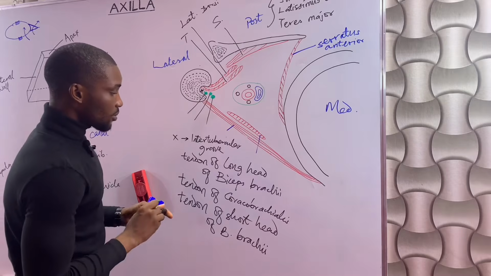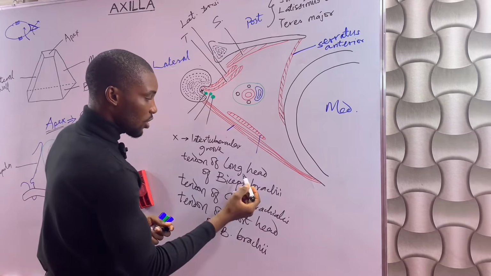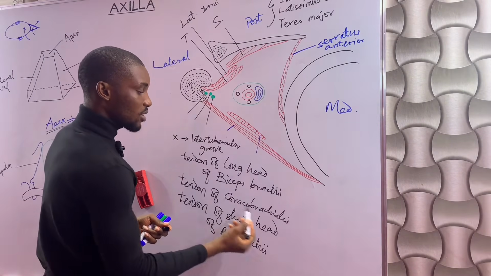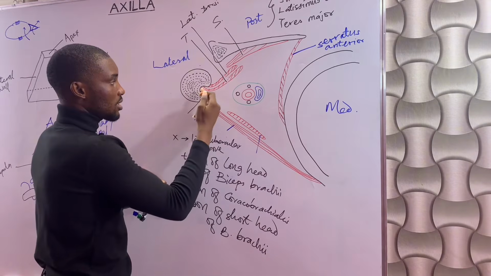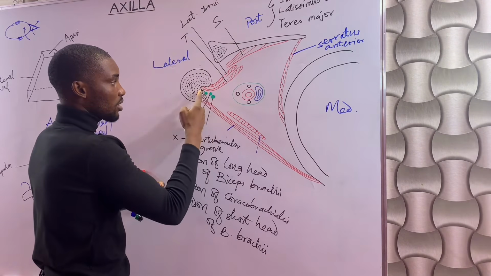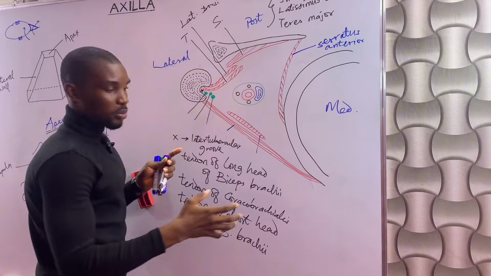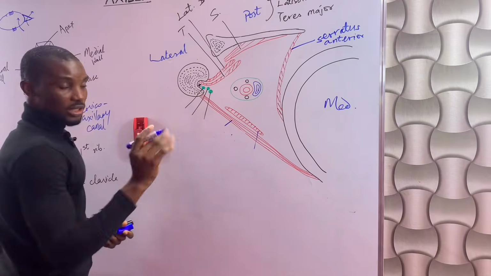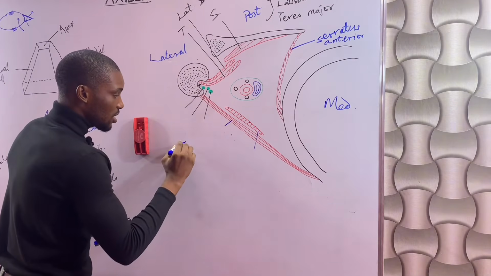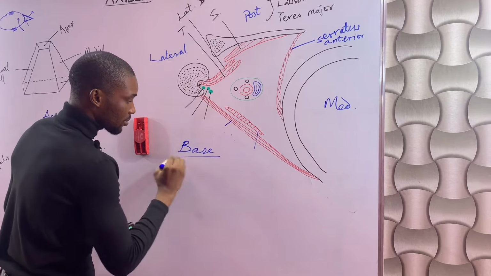So you can see that there is the biceps brachii, long head and short head, and then there's the coracobrachialis. So you can see that all these, the three of them, the intertubercular groove and the three tendons, make up the lateral wall. So there's another boundary of the axilla, which is the base.